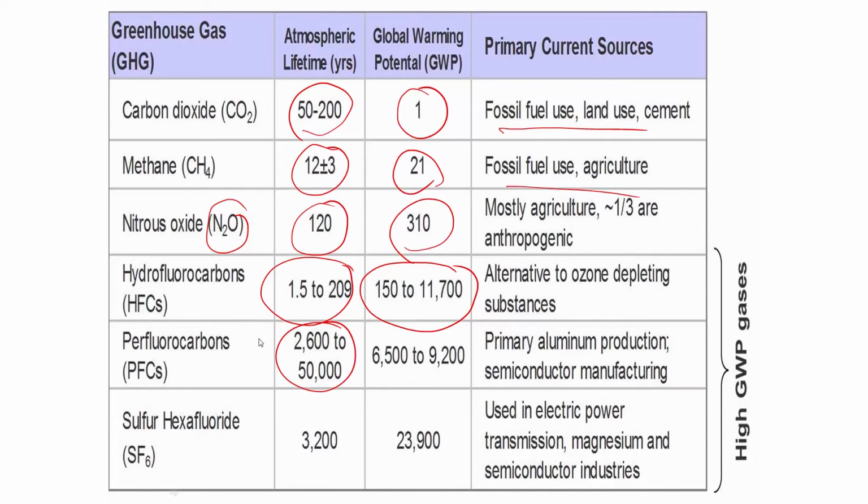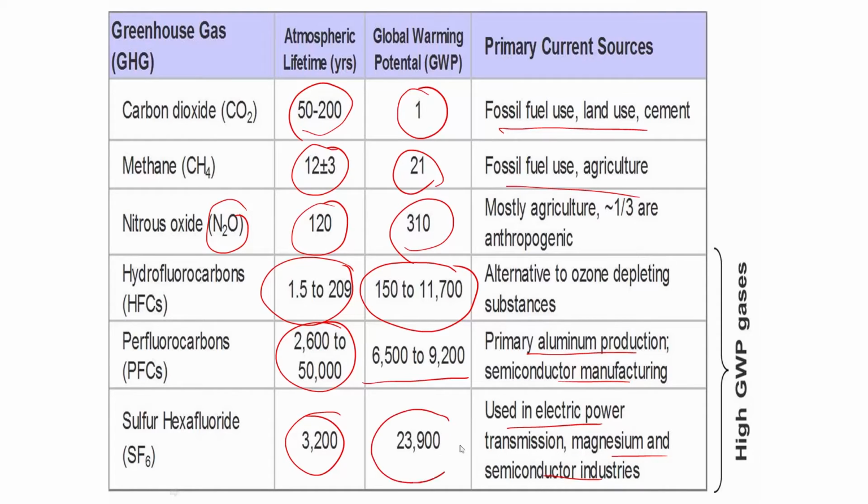Perfluorocarbons can stay for up to 50,000 years, and they are 6,500 to 9,200 times CO2 in their global warming potential. Sulfur hexafluoride comes from electric power transmission and semiconductor industries. This comes from aluminum production and semiconductor manufacturing and so on.